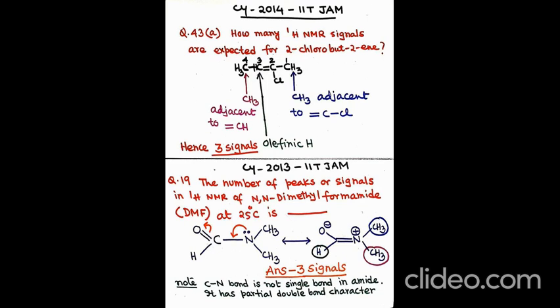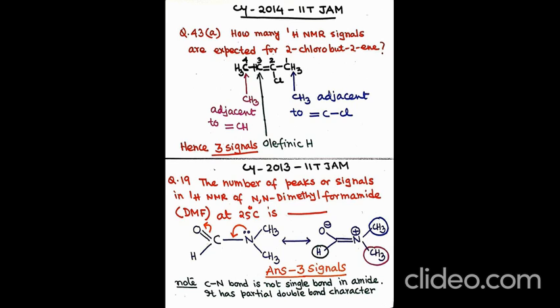Now coming to year 2014, question number 43A: how many 1H NMR signals are expected for 2-chlorobut-2-ene? If we write the structure of 2-chlorobut-2-ene, we can identify that there are 3 different environments for this compound. One is the CH3 attached to the sp2 hybridized carbon C2, which in turn is attached to the chlorine.